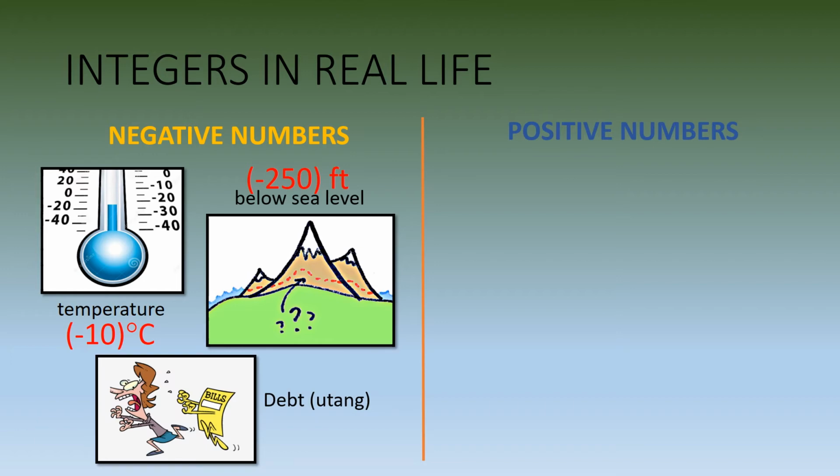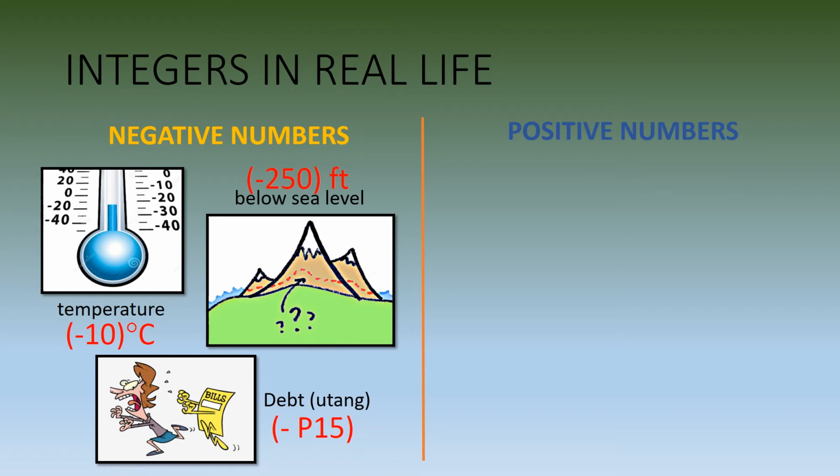Utang can be represented as negative money in your wallet. If you owe your friend 15 pesos, that means a -15 pesos in your wallet. So, we can really relate negative numbers to our everyday life.